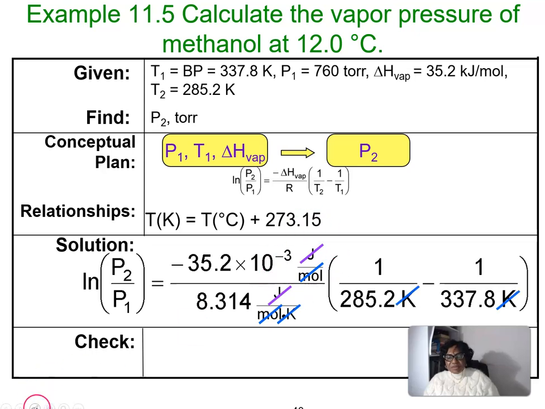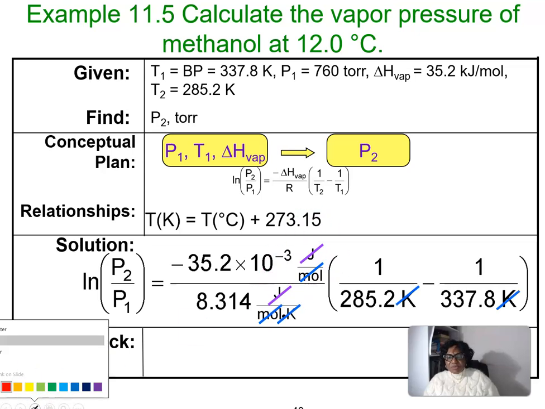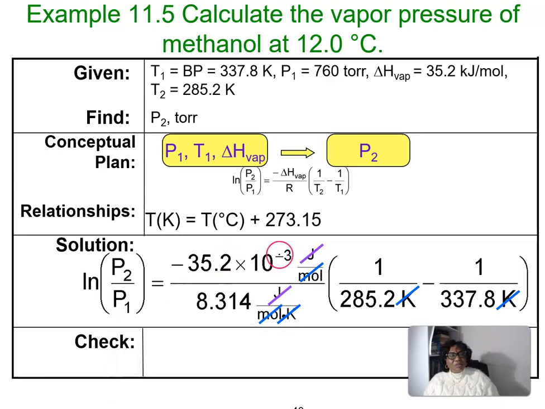Please, we are converting our unit to joules, because our R is in joules. So 35.2 kilojoules, please convert it to joules. So it's 35.2 times 10 to the positive 3, not negative 3. And this is our T2 and this is our T1.